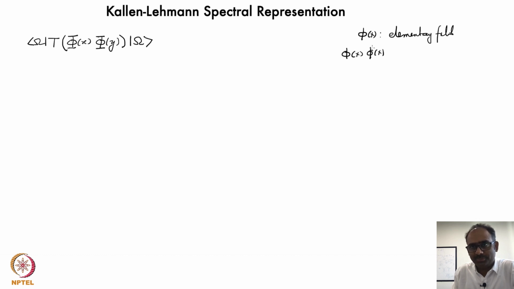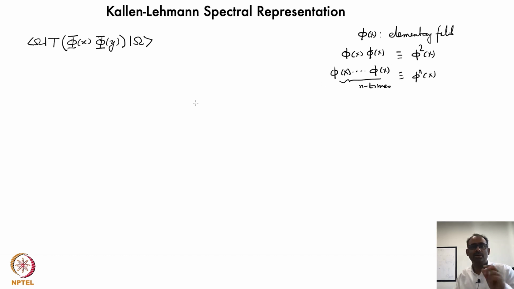So, at the same spacetime point x, you have this product of two fields, which is also written as phi squared of x, and you could have phi cubed of x and so forth, which would be just a product of three fields at the same spacetime point. So, let us say these are n times, and this is what is phi^n of x. Okay. So, that is what I am allowing here.